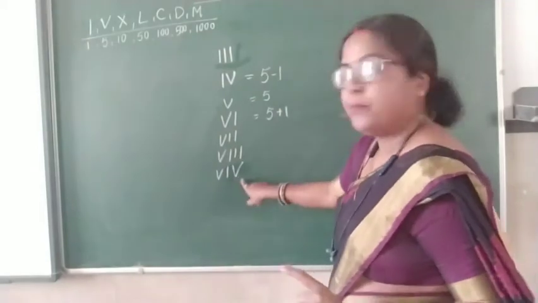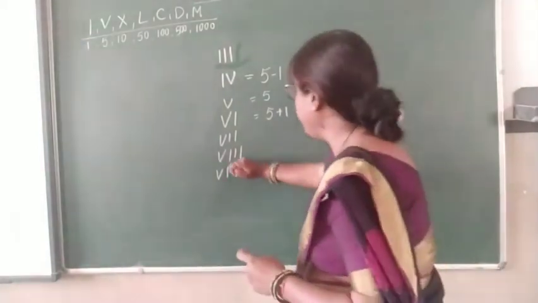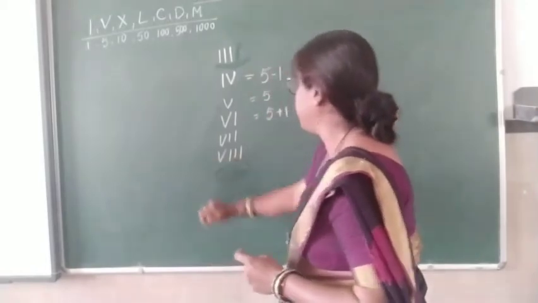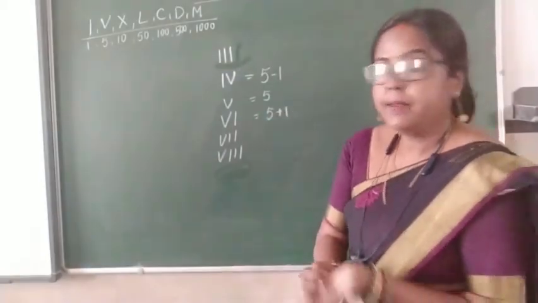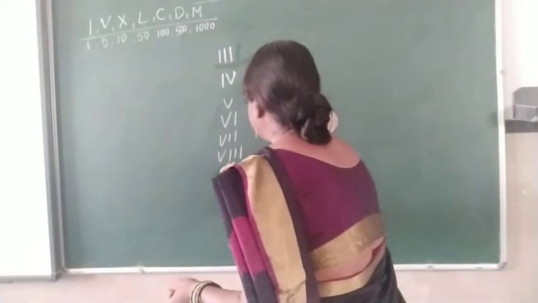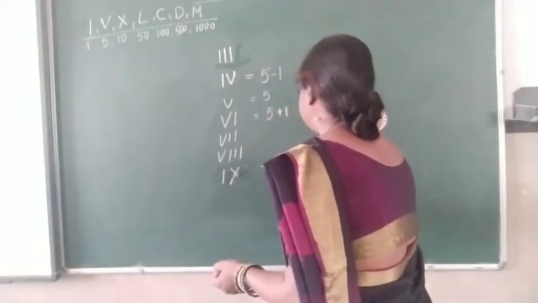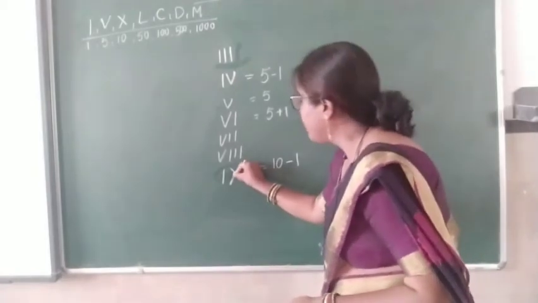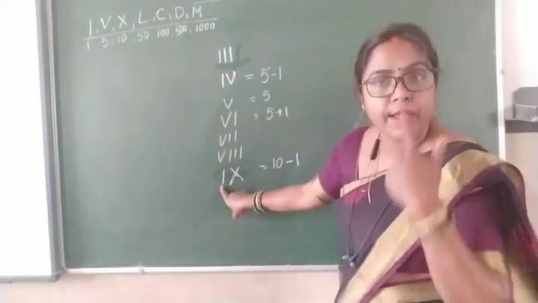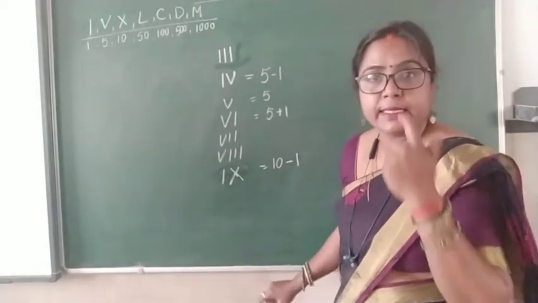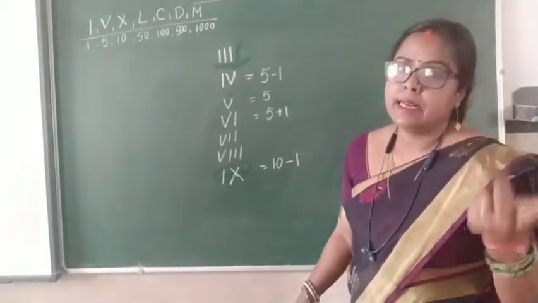So this is not possible here. VIV is not there. So we will write IX. It is 10 minus 1. X is for 10 and I is for 1. So before a bigger number, it is subtraction. So 10 minus 1 is 9.